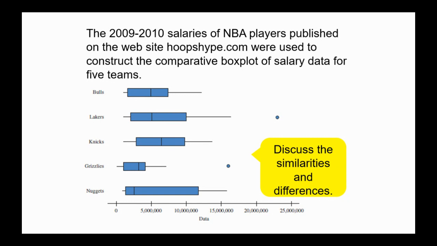Yeah. If we look at their median right here, it's pretty much on the lower end of almost all of these. So half of their players get paid less than the majority of the league, or at least the 5 teams we're comparing.